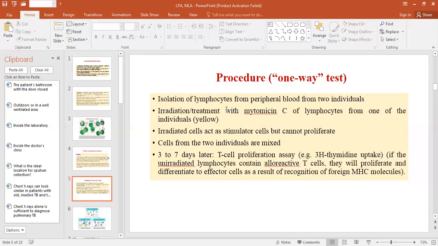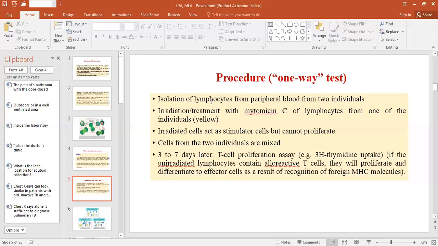The cells from the two individuals are mixed, and after 3 to 7 days, we check the T cells that have taken up thymidine, the tritium labeled thymidine. If the unirradiated lymphocytes contain alloreactive T cells, they will proliferate and differentiate to effector cells as a result of recognition of foreign MHC molecule. So what is happening here?